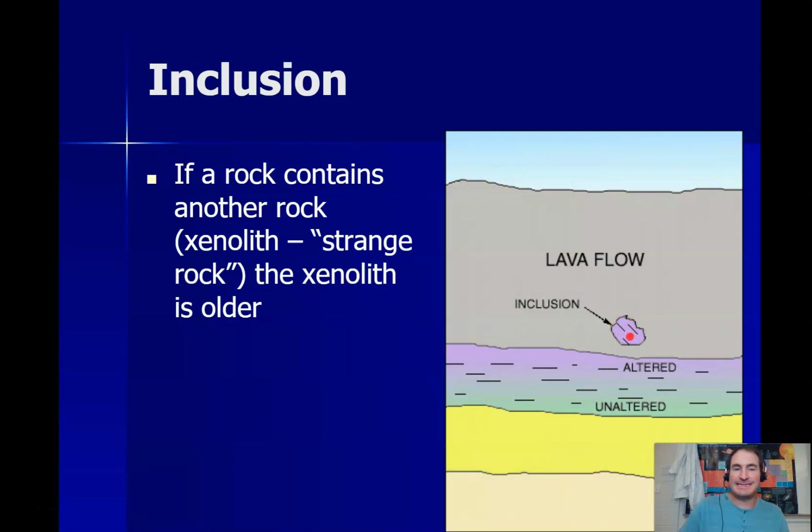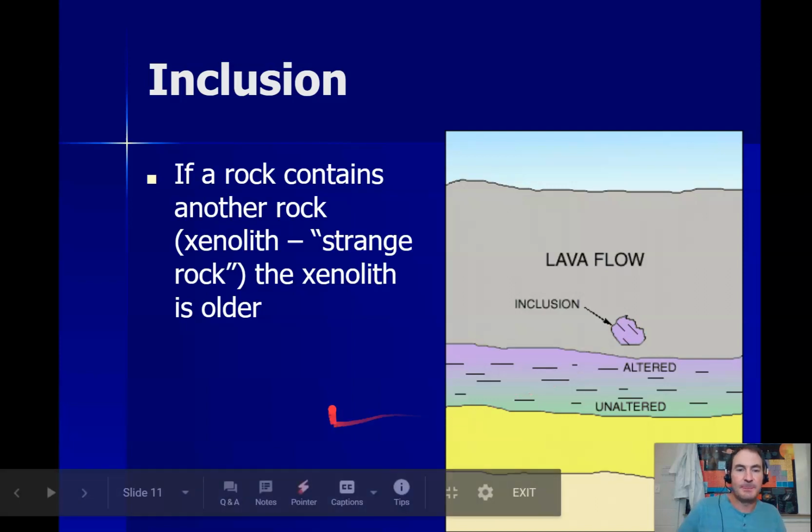Also known as a xenolith, or strange rock, because it's foreign, it's not the same material as the rock that it's in. So we often see xenoliths or inclusions in other rocks, especially sedimentary rocks that have incorporated other pieces of bigger rock, or lava or magma flows where chunks of rock have fallen into that molten rock and then it still exists there.